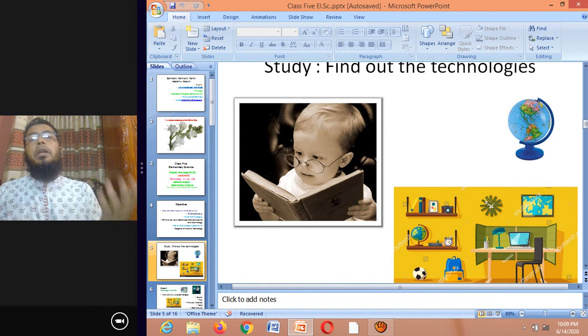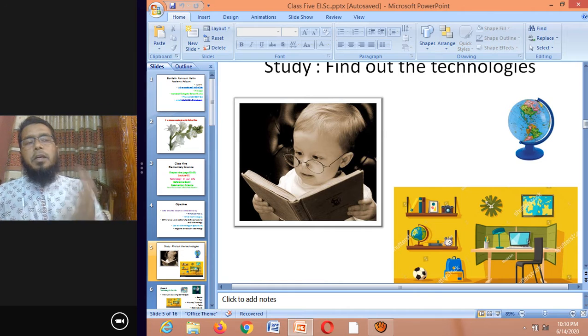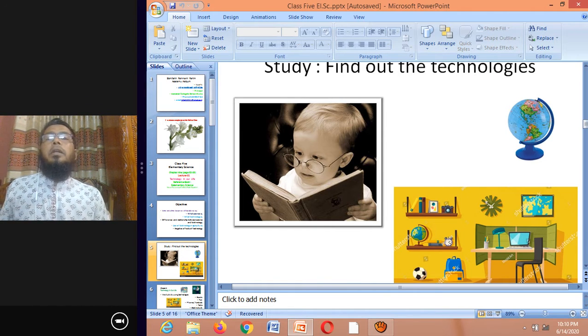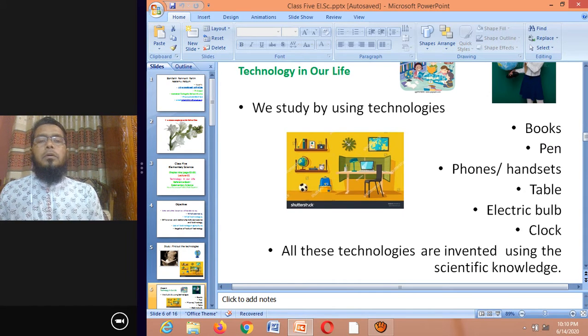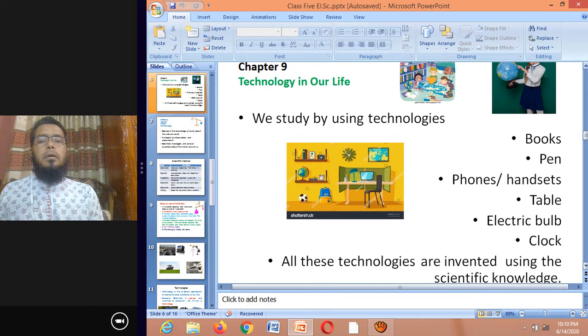That means from heat, car is invented, and it has made transportation, it has made life easy. In this manner we will discuss technology and science. And first of all, we will also learn the relationship between technology and science, and also the difference between technology and science.